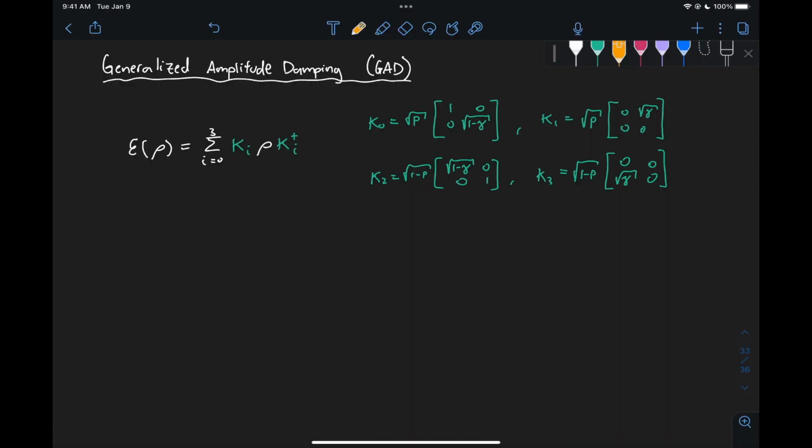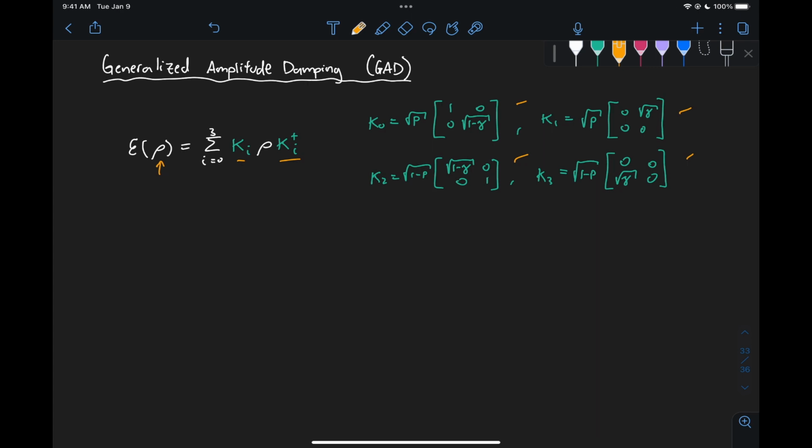So first, the generalized amplitude damping channel is a map that takes as an input some density matrix rho and then applies the summation of these Kraus operators K sub i given by these four matrices here. Now, from this representation, it might be somewhat difficult to understand what this map is doing.